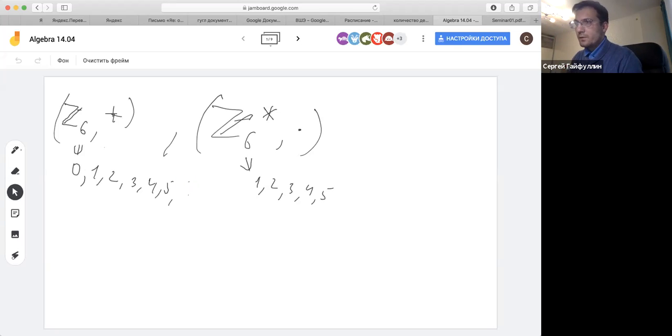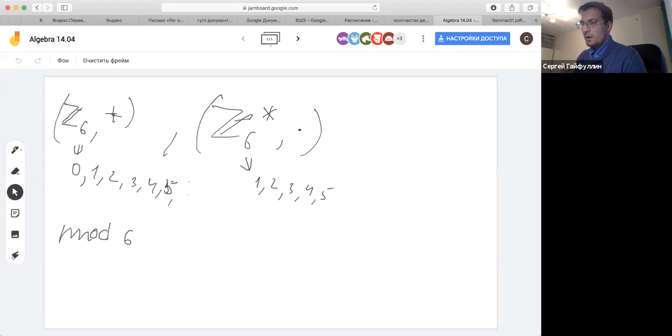Okay, the definition of these groups. The first group, Z6 with plus, is just the group of remainders when we have modulo 6. The remainders are all from 0 to 5. And when we add numbers, their remainders also add.